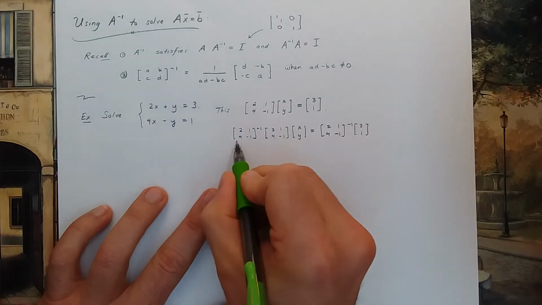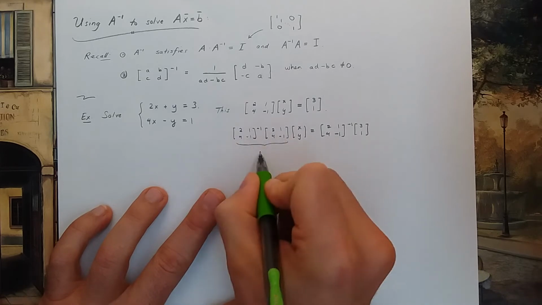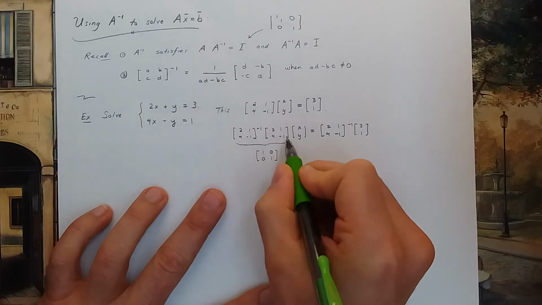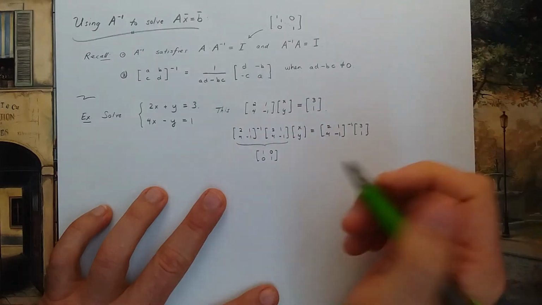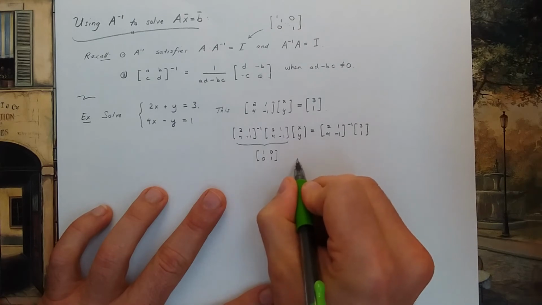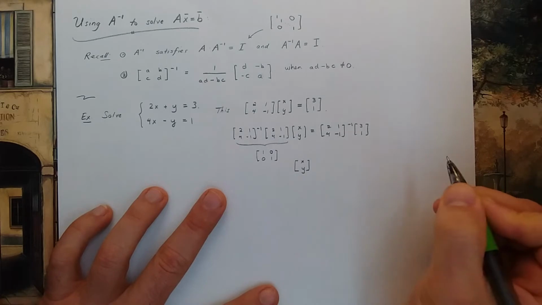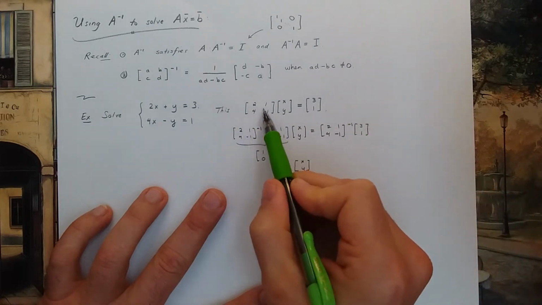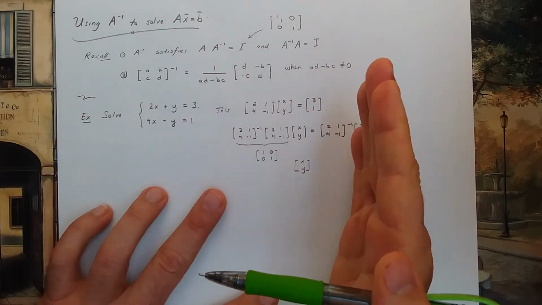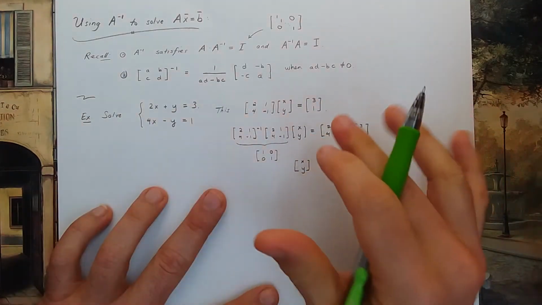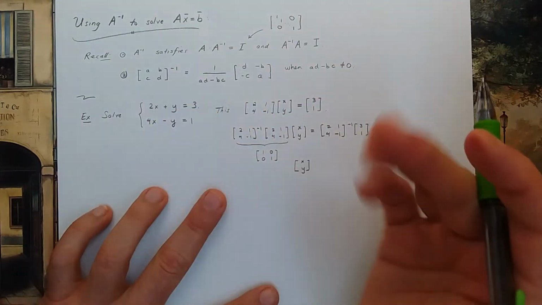Now what happens is this side is just the 2 by 2 identity, [1, 0; 0, 1]. And if you multiply the identity times anything, you get back itself. So this side of the equation just becomes simply (x, y). This matrix and its inverse cancel each other out, just like a function and its inverse undo each other, such as e and log.